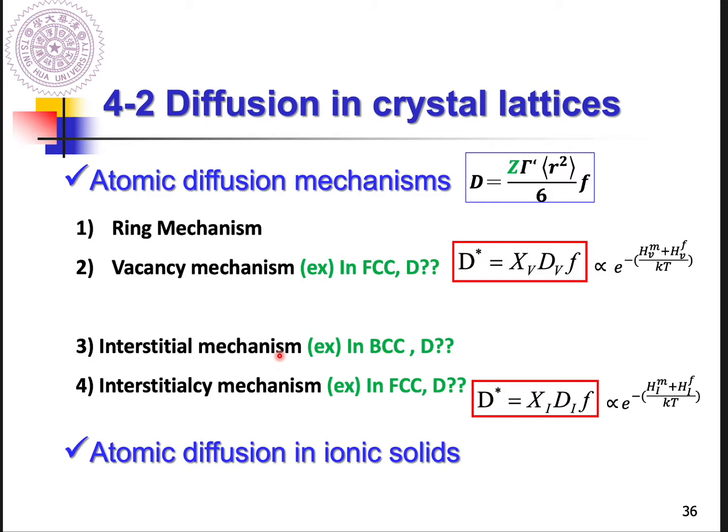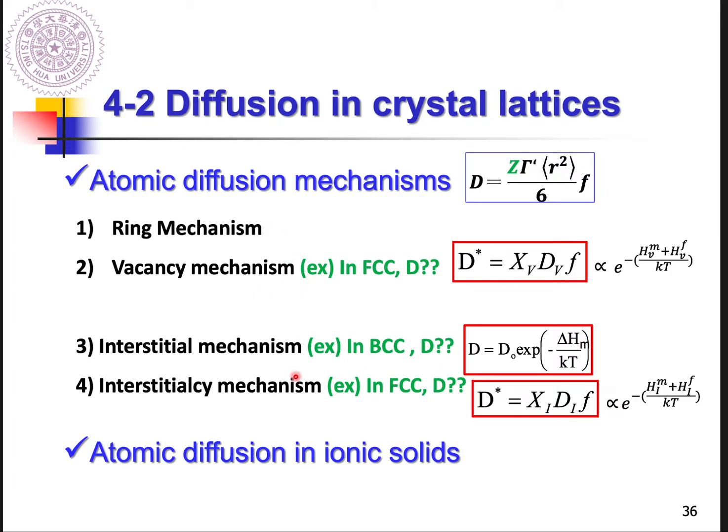The diffusing atom is a solute atom of smaller size located at an interstitial site, and it diffuses through interstitial sites. So the diffusivity is proportional only to the exponential of minus the migration energy of these interstitial diffusing atoms.